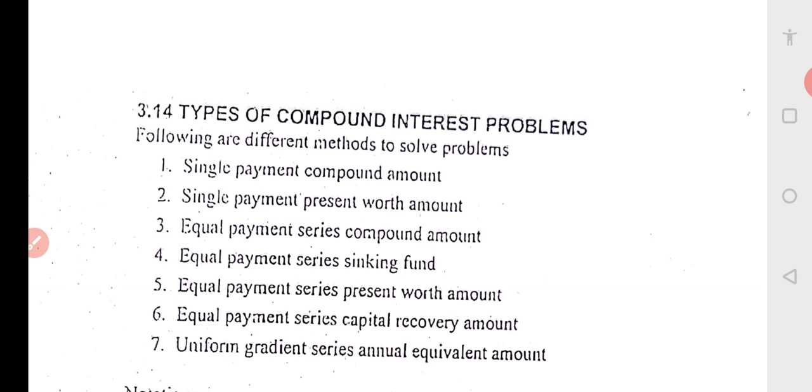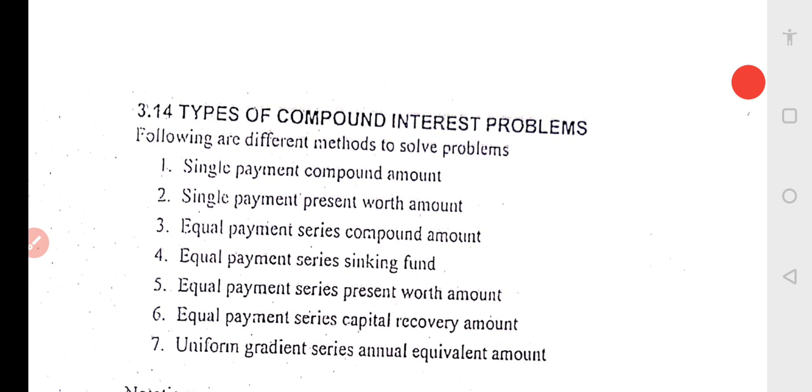So what is the total amount he is going to get at the end of the period at an interest rate i, and the uniform gradient is there. The initial amount was A and the gradient was G. So the first year it was A, next year A plus G, next year A plus 2G, A plus 3G, like this.